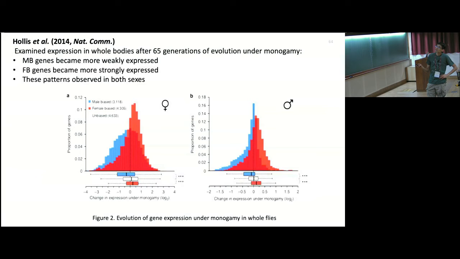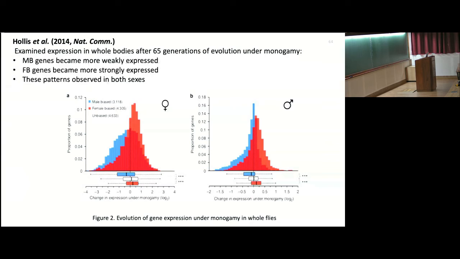So this is the change in expression from whole bodies of flies after 65 generations of monogamy. So they're looking at the change in expression in monogamy compared to the expression in control. And in blue are the genes that were previously identified as being male biased, and you see that their change in expression tends to be negative.